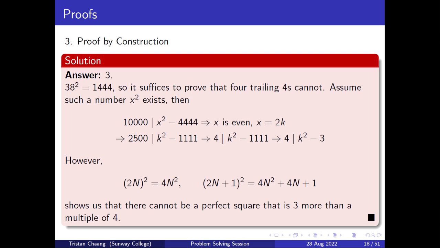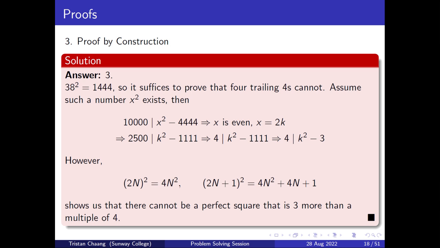I can just extract some information from it and then say afterwards it's a contradiction. So here, if 4 divides this, well, 1111 is a multiple of 4 plus 3, right? Divided by 4, the remainder is 3. I mean, just look at the last 2 digits. So, yes, the remainder is 3.